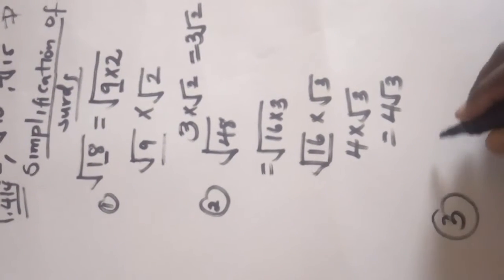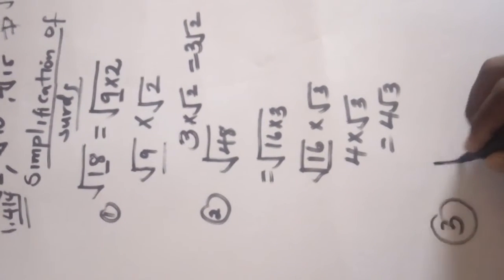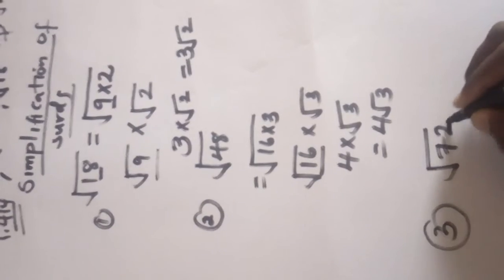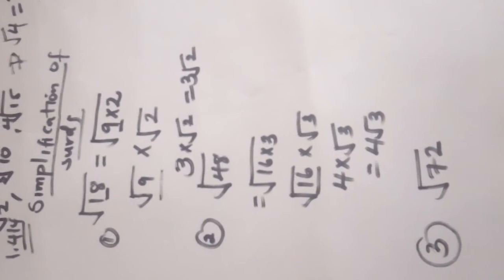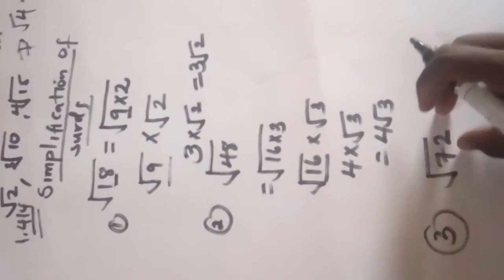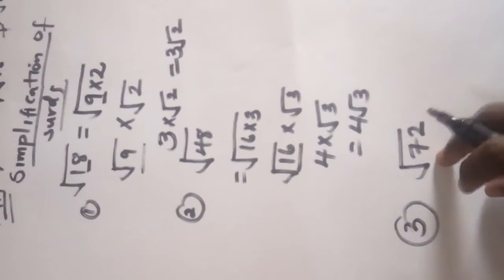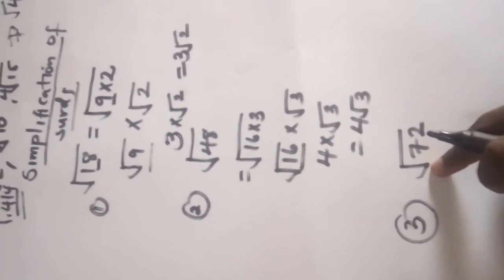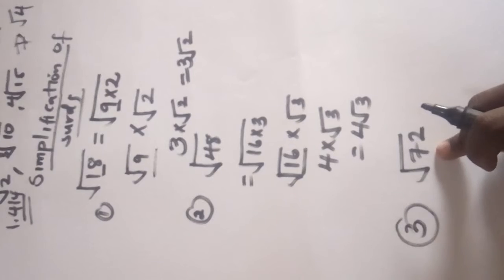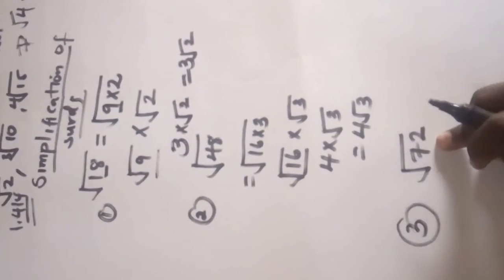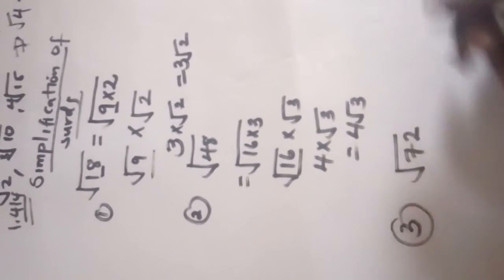The third example, if you are told to find the square root of 72, 72 is a surd. We cannot get the exact root for 72. We are going to get decimal points. Now, we look for factors of 72 such that one should have an exact root and the other one should be a surd.